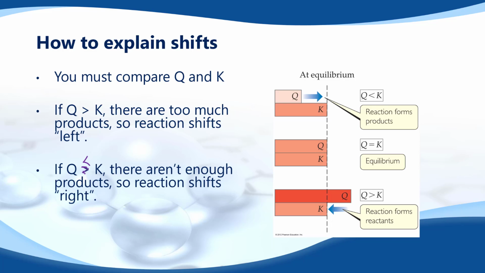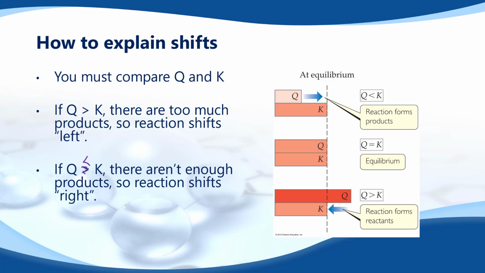So whenever you're asked to explain which direction the reaction will shift, you'll either say the reaction will shift towards products or towards reactants, because either Q is greater than K or less than K, depending on which change you're working with. If they ask you to justify your reaction, then you will actually go through and write out the change in expressions. Right? But you always want to explain Le Chatelier's principle with Q and K.